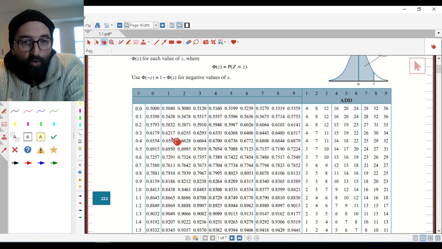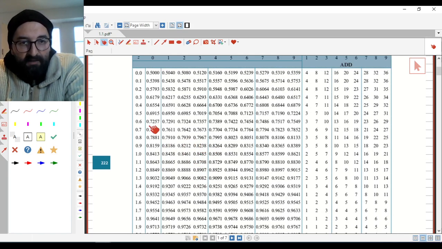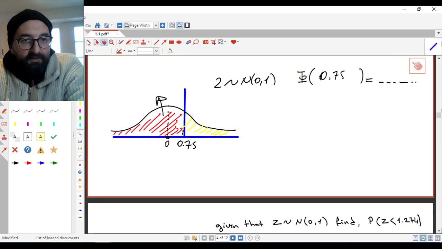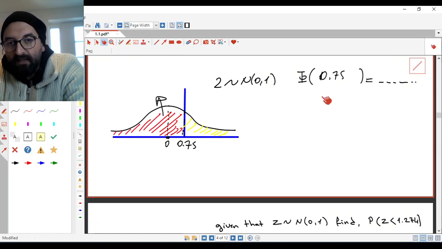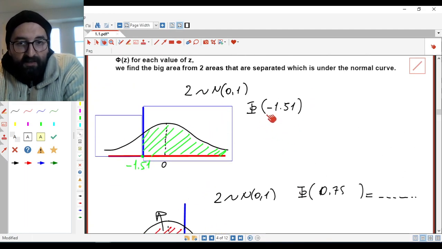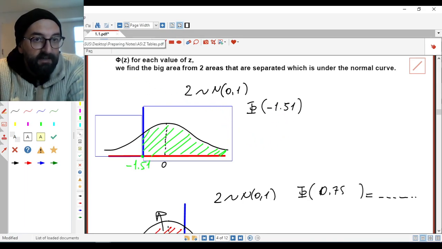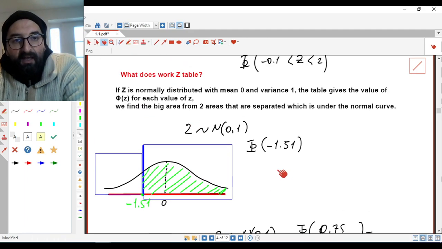You can see only positive values. Why only positive values? Because, as you know, with the normal distribution we may want to find the probability of negative values. So why don't we see negative values?